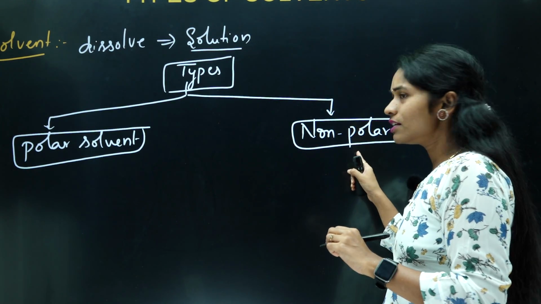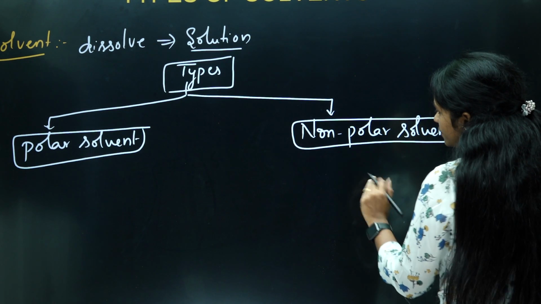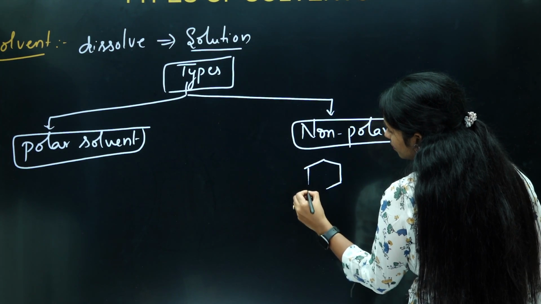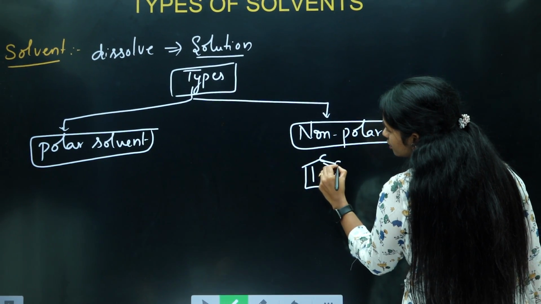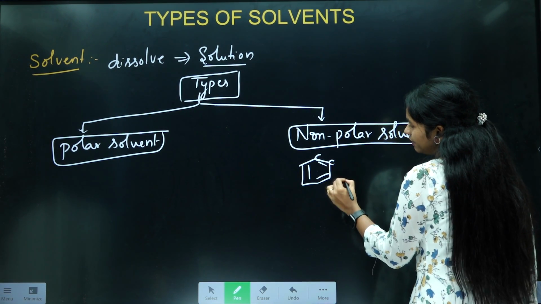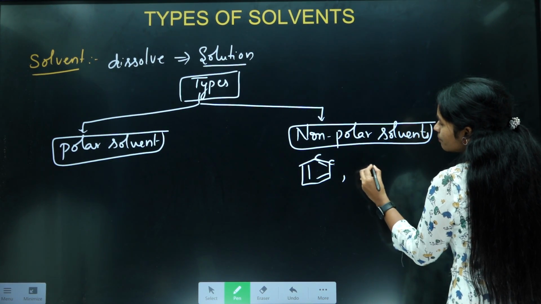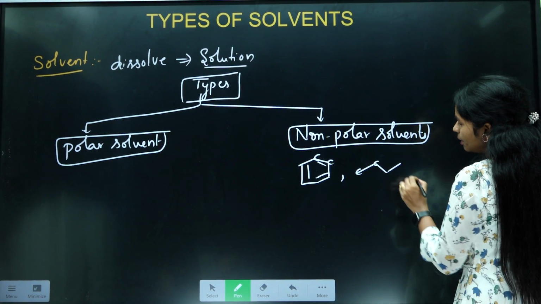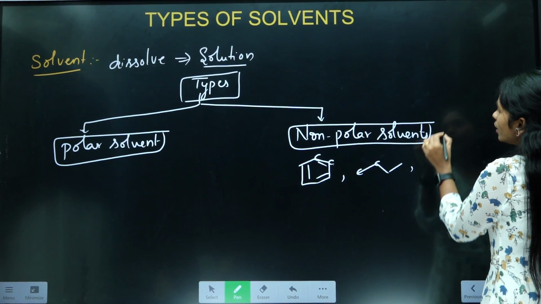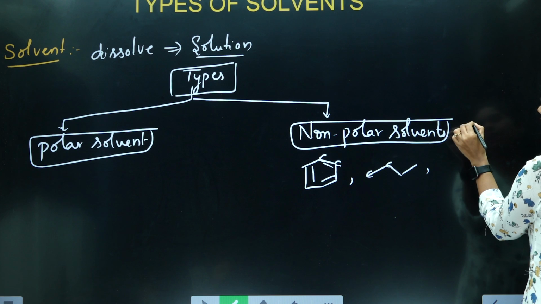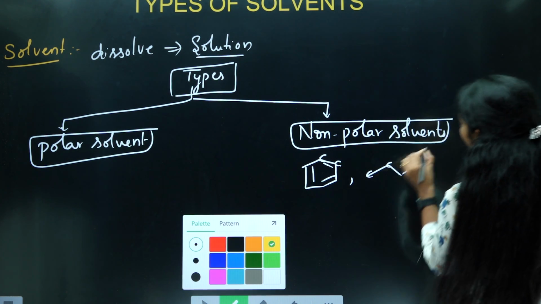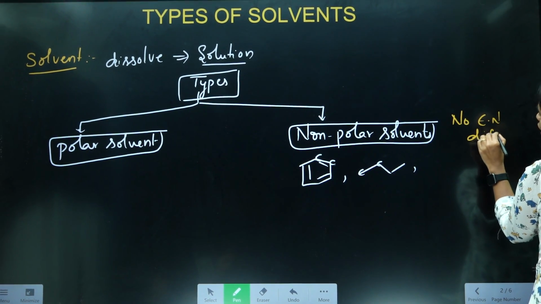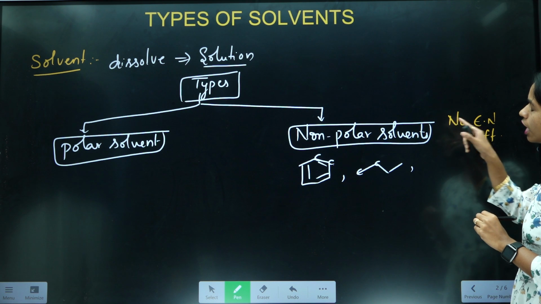Non-polar solvents are the solvents in which there is no electronegativity difference. For example, take benzene. Here also carbon, here also carbon, same atom, no electronegativity difference. Take butane. Here also carbon, here also carbon, no electronegativity difference. Between two atoms, if there is no electronegativity difference, then we call those solvents non-polar solvents.